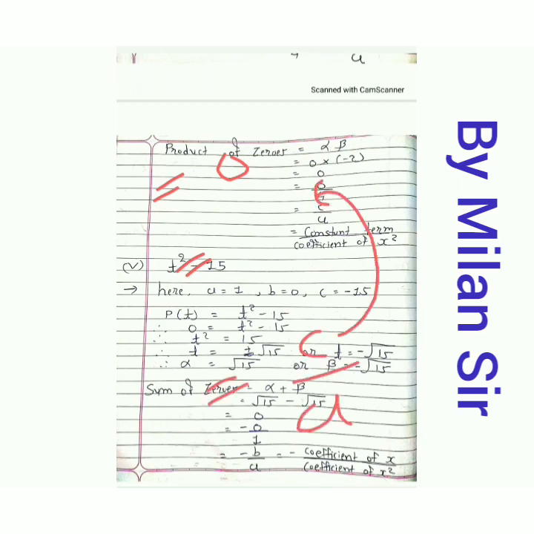So value of c is 0 and value of a in the denominator is 4. Okay, so we get c by a. C is equal to the constant term and in the denominator a is equal to the coefficient of u square. Sorry, it's my mistake. Here you need to write u square, not x square. Okay.